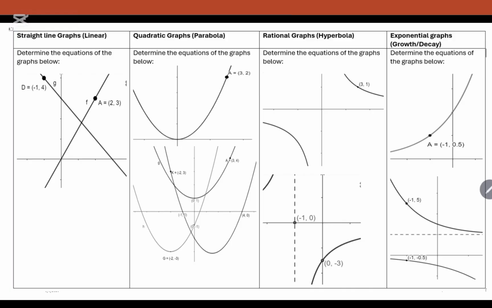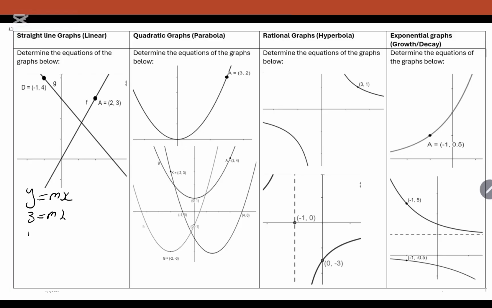Now, I know this will be the easiest one, column 1, which is the straight line. We're going to start by finding the equation of the straight line f. Since the graph passes through the origin, the equation is y equals mx, or y equals ax. From there, I take that point and substitute. So y is 3, m times x is 2.